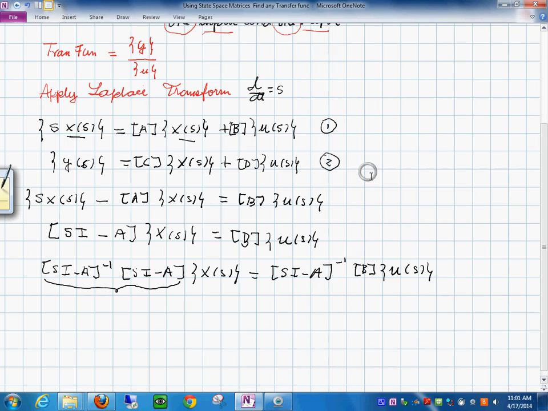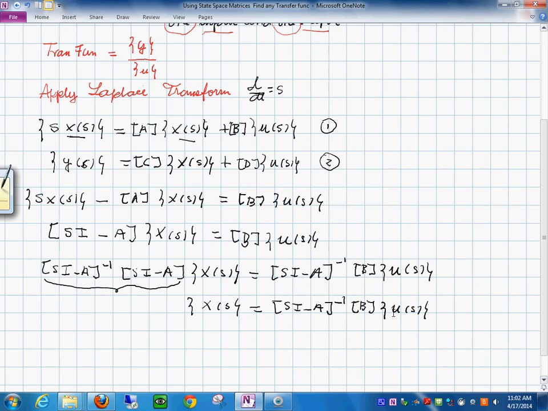You know, isn't it true that if I have the matrix A times the inverse of A, I get the identity matrix, right? So this is the same thing as writing that x of s like this is equal to sI minus A inverse times B times U.